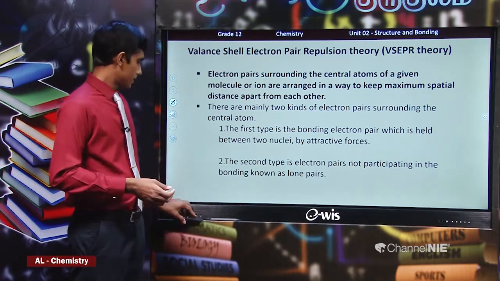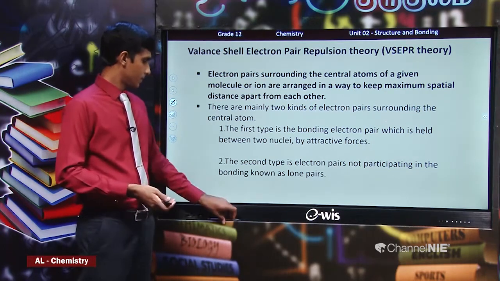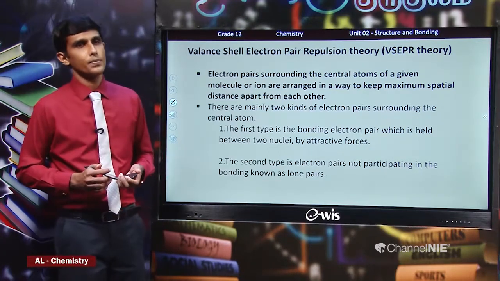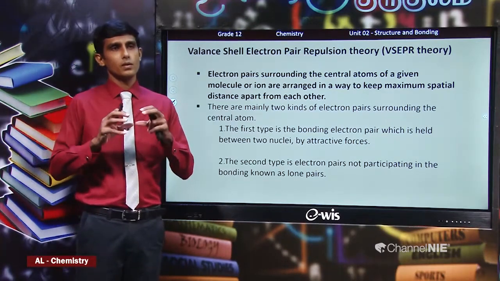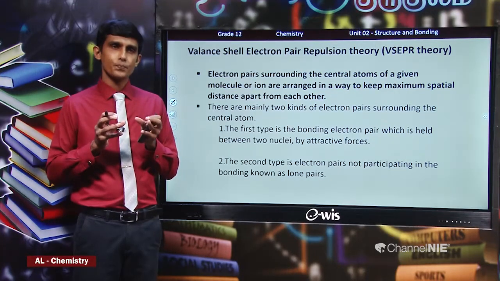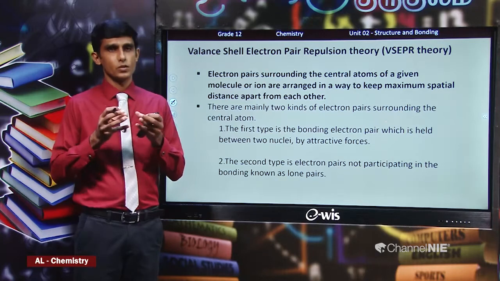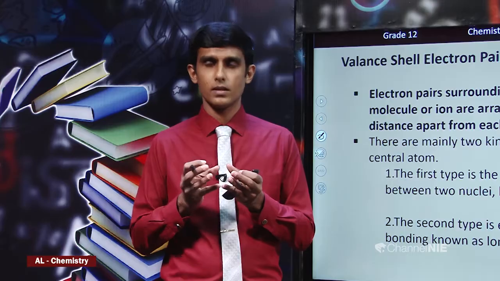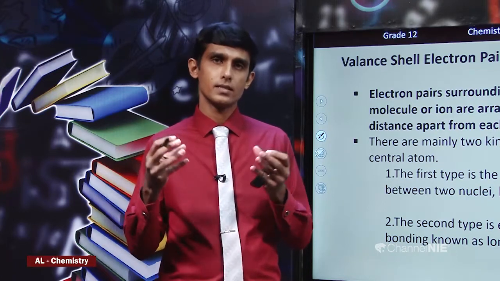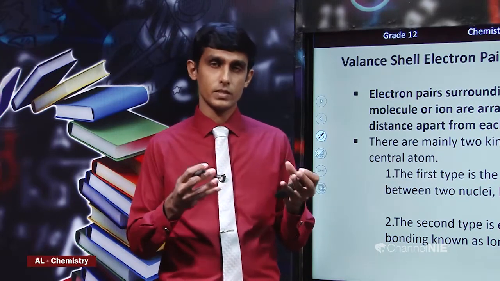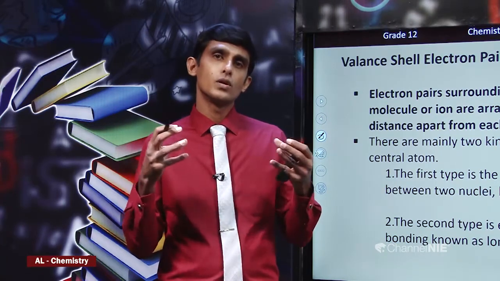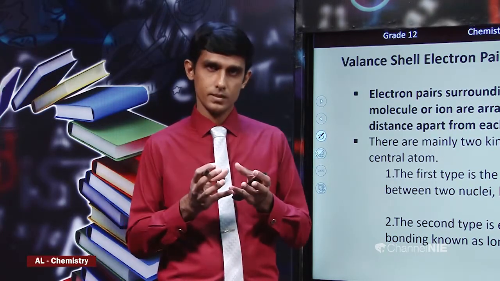Now, when we consider these molecules as well as ions, we know these are formed through electron pairs. A covalent bond, as you know, is defined as a shared pair of electrons formed by the overlapping of two orbitals.